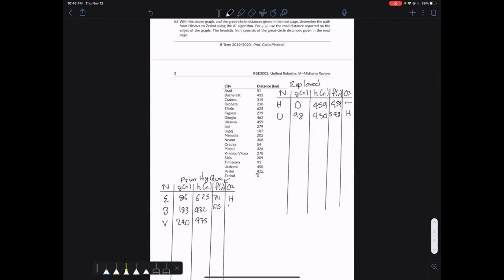That came from node U. This one also came from node U. And then we get 240 plus 475, and that's 699. I lied. 240 plus 475. I can't use a calculator. Cool. We have 715. So that's the complete step of our algorithm.